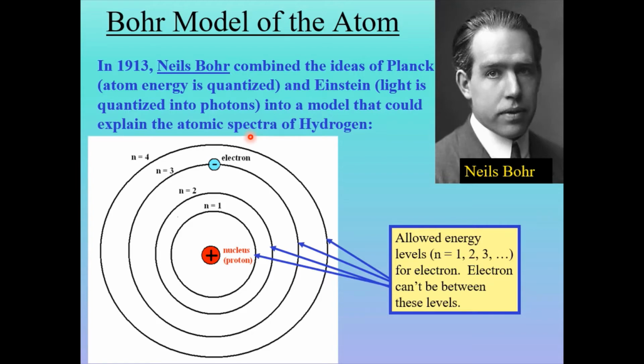So what Bohr proposed is that the electron has to be on one of these steps, just like our staircase example. If you have a ball on a set of stairs, the ball has to be sitting on one of the steps. It can't be in between the steps. The same thing holds for the electron. The electron must be on one of these energy levels, designated by n equals 1, 2, 3, 4, etc.